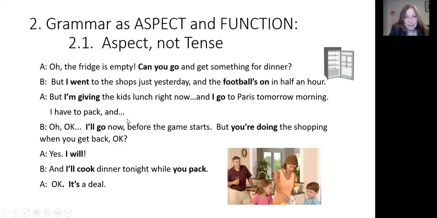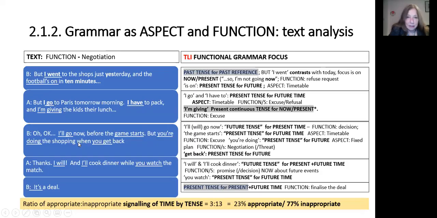And I've highlighted all the instances of tense. And there are 13 instances. And from this, from a functional viewpoint, you can see that only 3 of them have the tense doing what it's supposed to do, doing its job. Past tense for past reference here, present for present here, and present for present here.